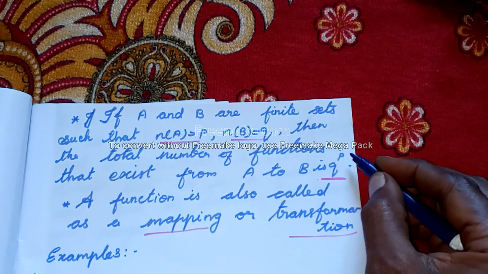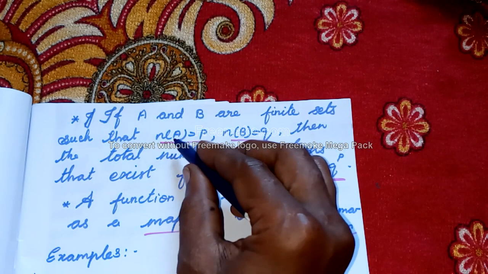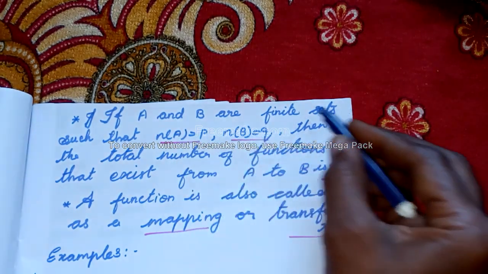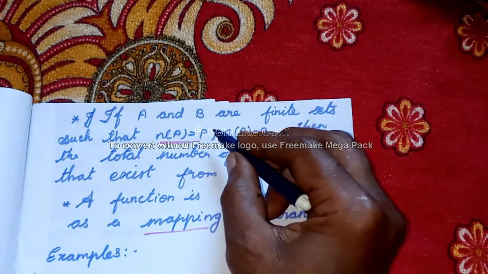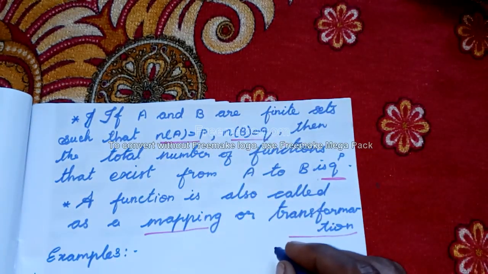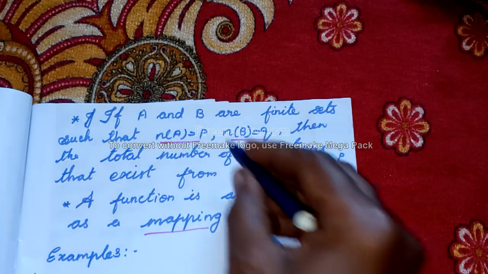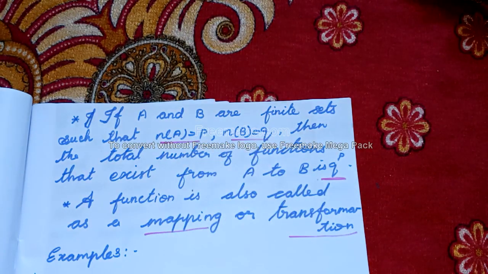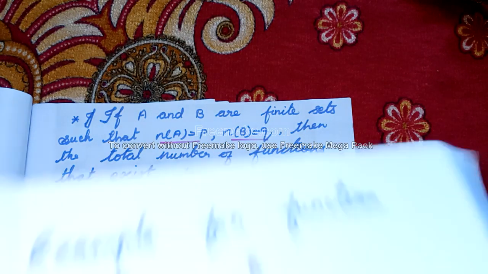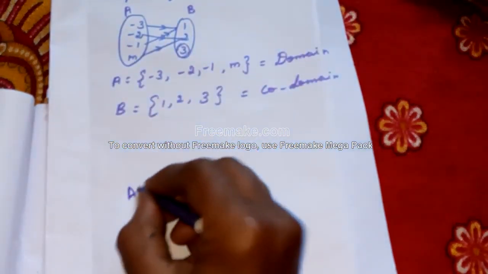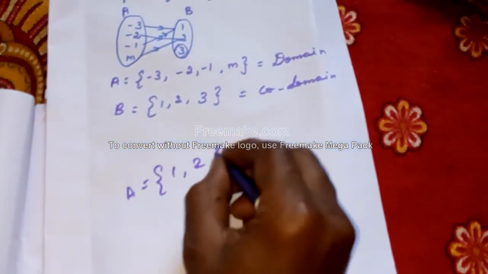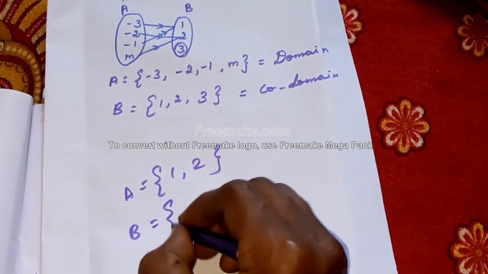Suppose the set A has two elements. A is equal to 1, 2. B is equal to 3, 4, 5. How many functions can we find from here?